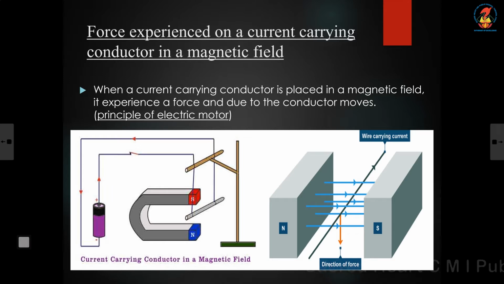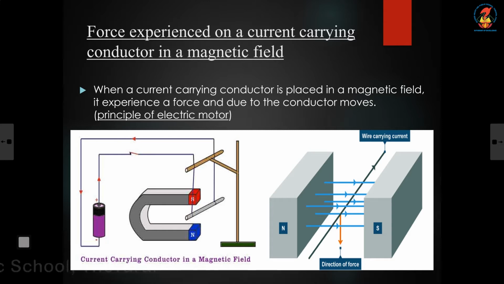So, we have taken a horseshoe magnet and an aluminum rod, and we will hang this aluminum rod on a support with the help of copper wires, and the two ends of this copper wire are connected to a battery.